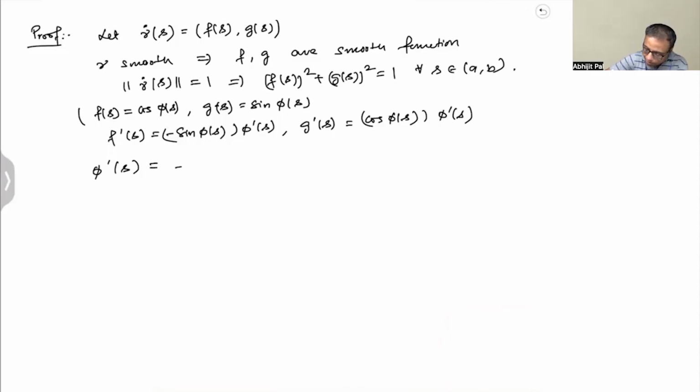we can multiply f prime s by minus sine phi s, and g prime s you multiply by cos phi s.